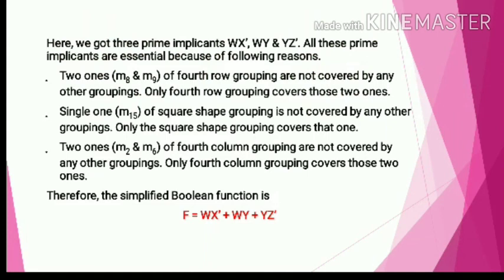Second, the single one M15 of the square grouping is not covered by any other grouping; only the square grouping covers it. Third, the 2 ones M2 and M6 of the 4th column grouping are not covered by any other grouping; only the 4th column grouping covers them. So these are called essential prime implicants.